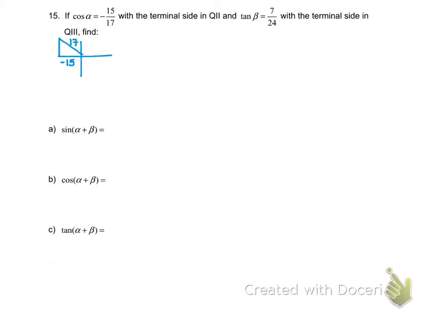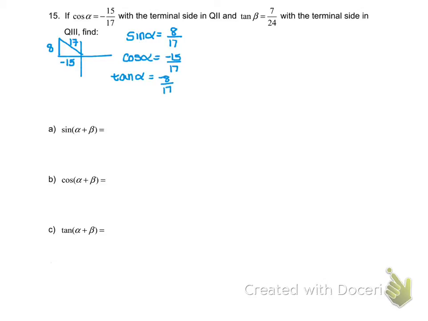And after we do the Pythagorean theorem, we get 8 over here. So we can find sine of alpha, which equals 8 over 17, cosine of alpha, which is negative 15 over 17, and then tangent of alpha equals negative 8 over 15.